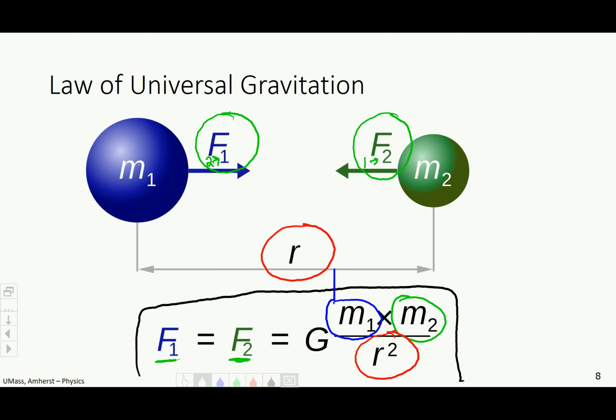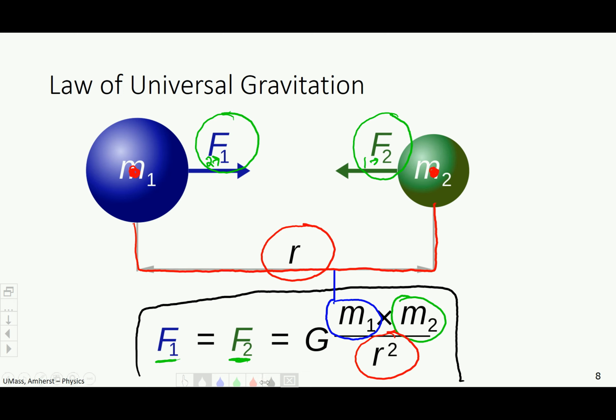It is the distance from the center of mass of one object to the center of mass of the other object. And that's an important distinction. When we have objects that are very large, if you were comparing two planets, then we would have to make sure that we were not using this distance, but instead we're using this distance between their centers of mass.